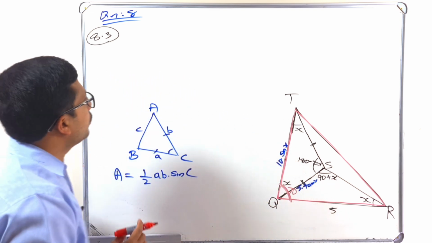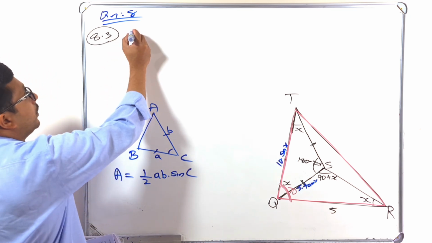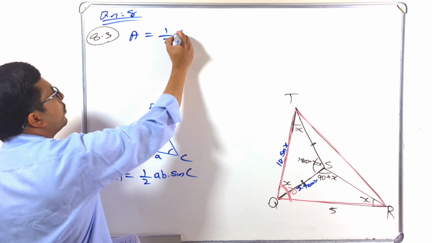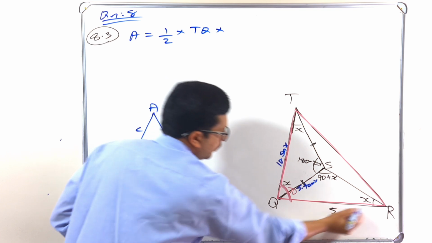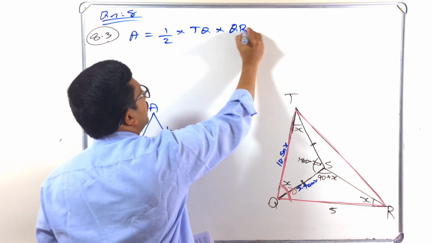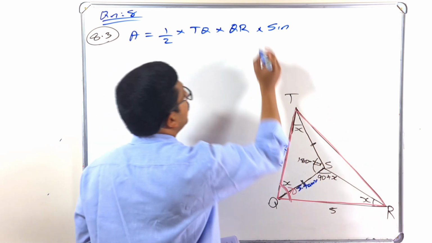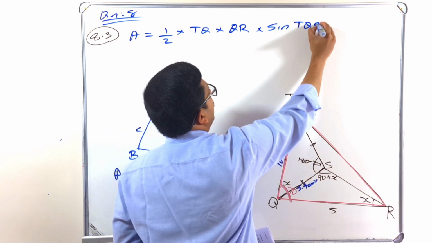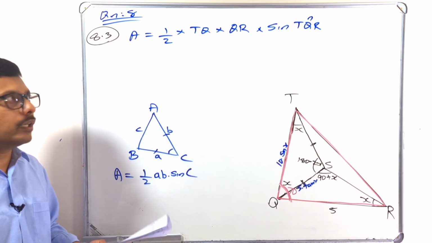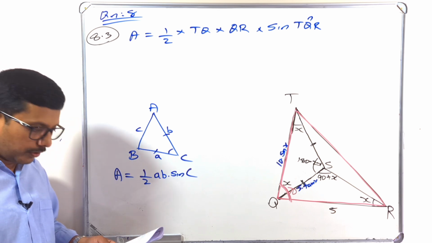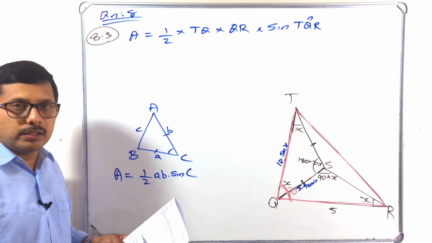Okay, so now you have to find the area. Am I right? So we can write the area formula. Area is equal to half into TQ into QR into sine of TQR. We know that TQR is given in the question as 70 degrees. Also look at the question once more. X is equal to 25 degrees, that is also given.